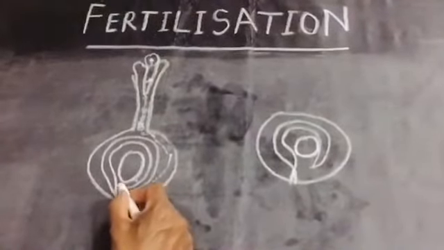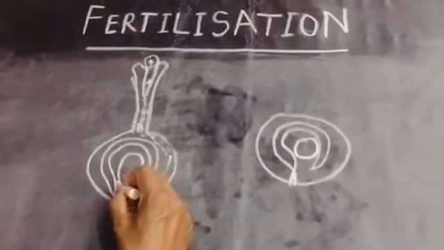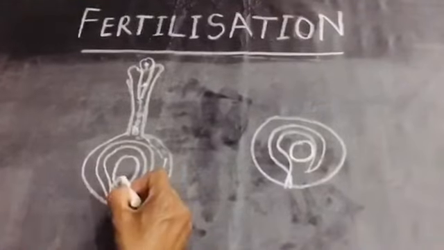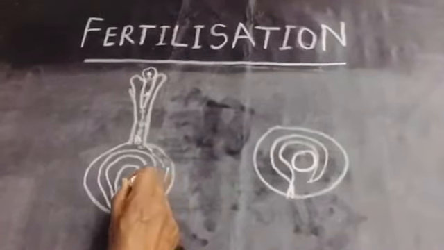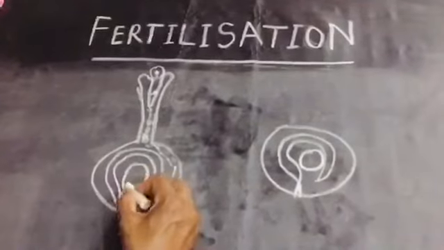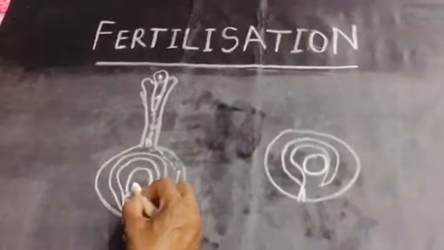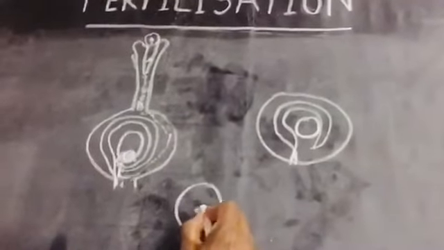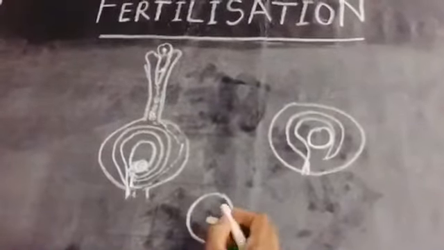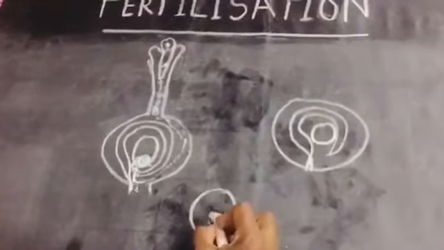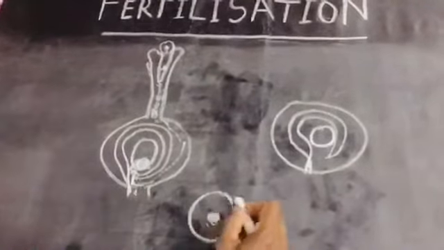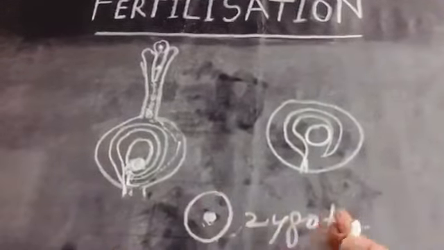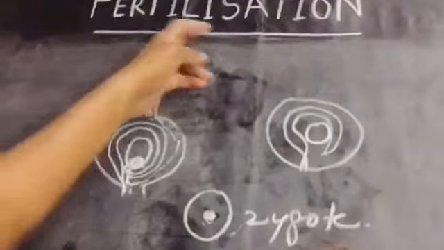That is a gap, and from there it enters the embryo sac. What is in the embryo sac? The egg cell, the egg nucleus, and the male nucleus, which is brought by the pollen tube, both fuse here. Now the egg cell, which has a fused nucleus of the egg cell and the male nucleus, is known as zygote. This fusion of male and female nuclei is known as fertilization.